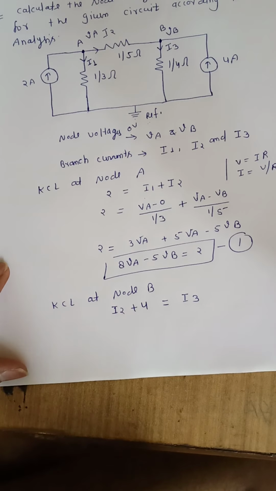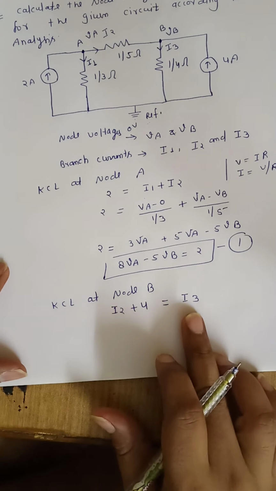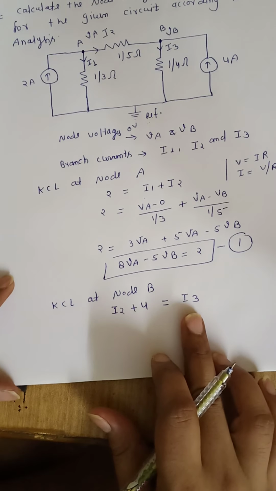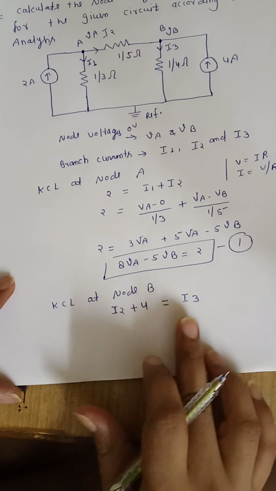So as per KCL for node B, we have I2 plus 4 equal to I3.